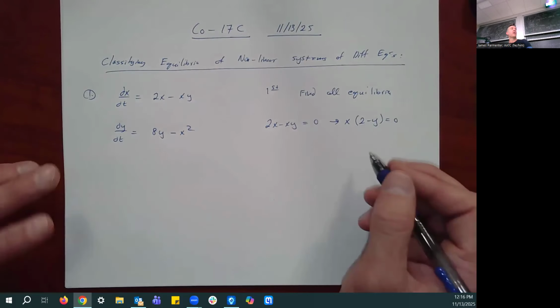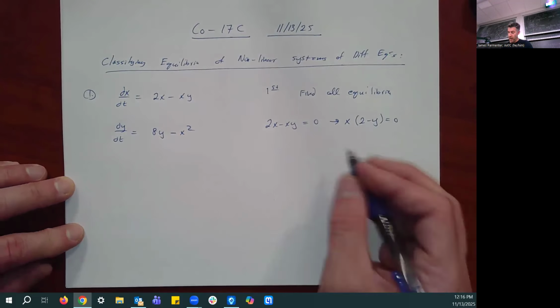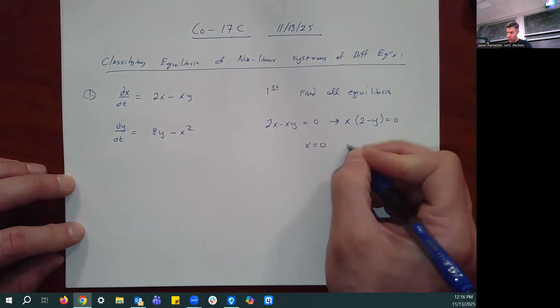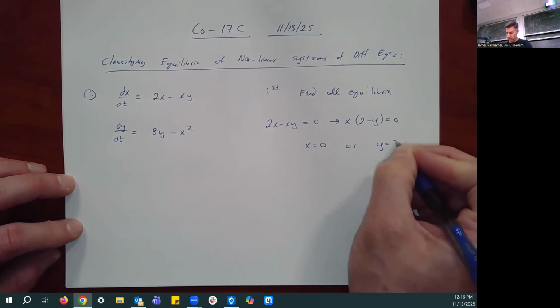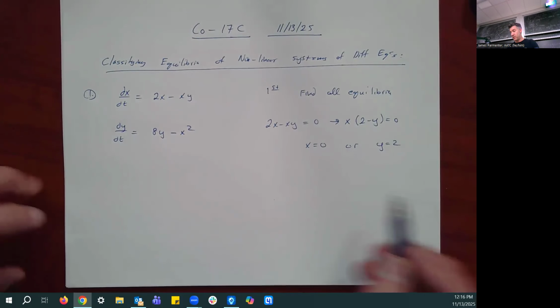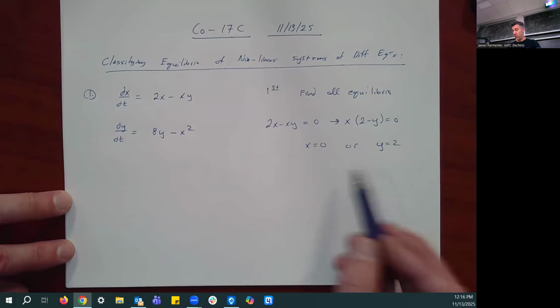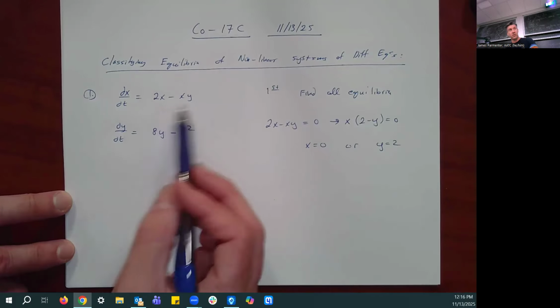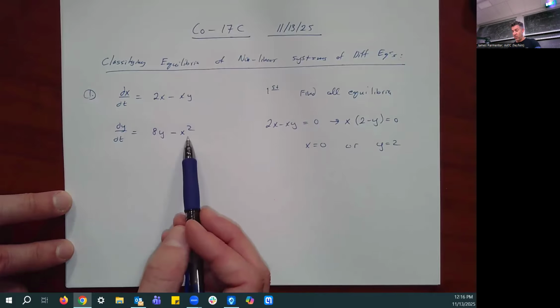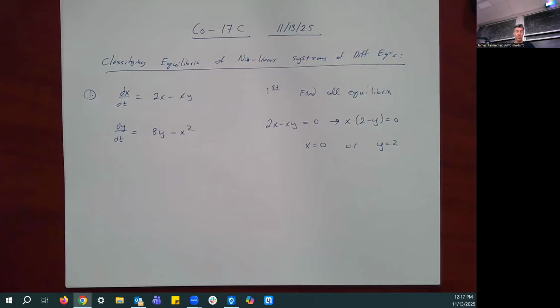So the values that make this first equation zero are either x equals 0 or y equals 2. I know I say it almost every time, but (0, 2) is not an equilibrium. We know 0 for x or 2 for y make this equation zero, but if you set x equal to 0 and y equal to 2, the second differential equation will not equal zero. So it is not an equilibrium.